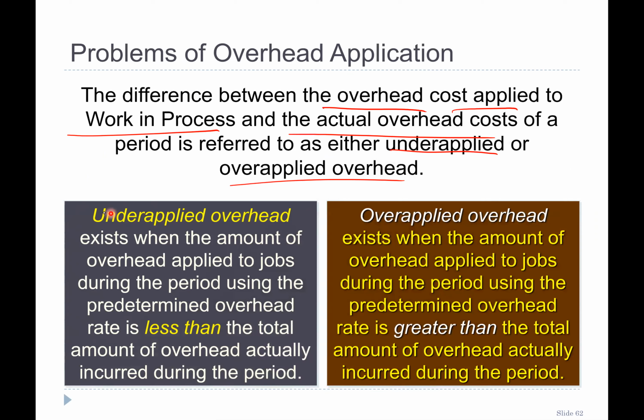If the estimation, or the applied overhead, is less than the actual one, then we have under applied. If our estimation, or our applied overhead, is greater than the actual one, then we have over applied, right?